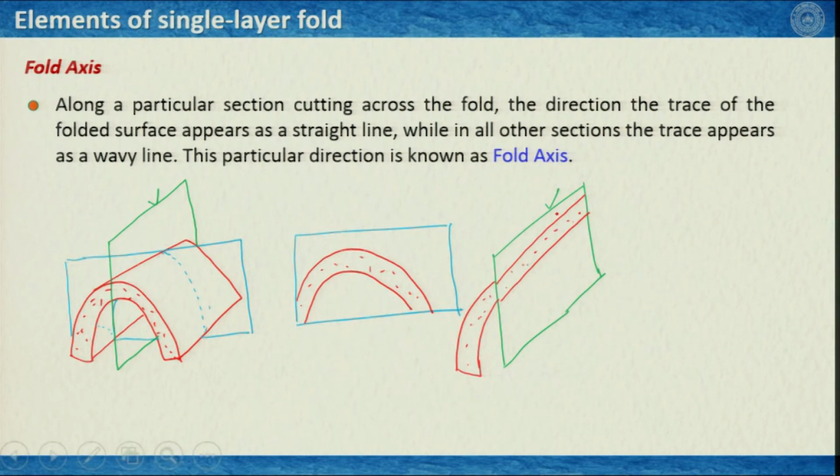You can rotate this blue plane in any direction, about any axis, and you will always get a curved trace of this fold on this surface. But this green surface is the unique one where you would get this trace as a straight line, and the direction of this straight line is known as the fold axis.